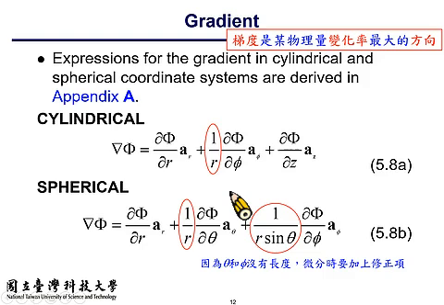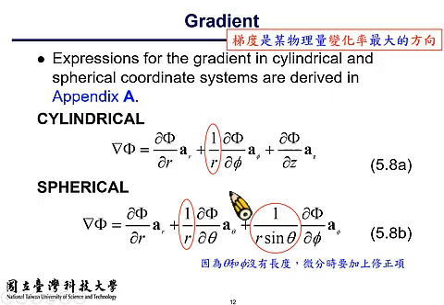Why? Because in cylindrical and spherical coordinate systems, the coordinates phi and theta are quantities of degrees. They don't have distance.